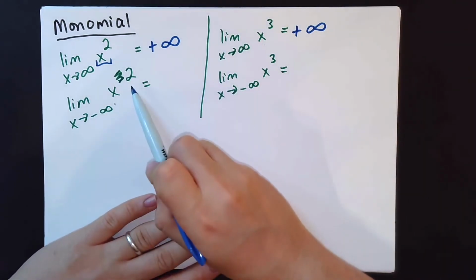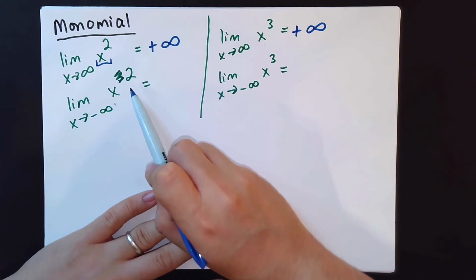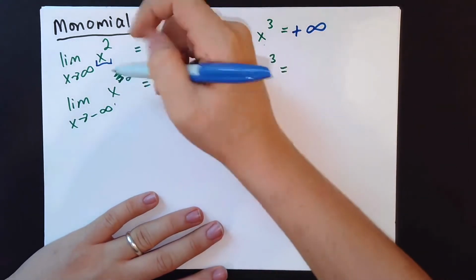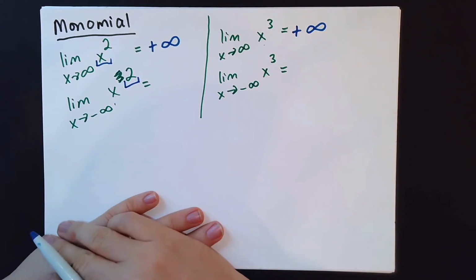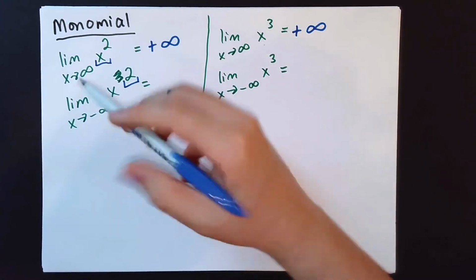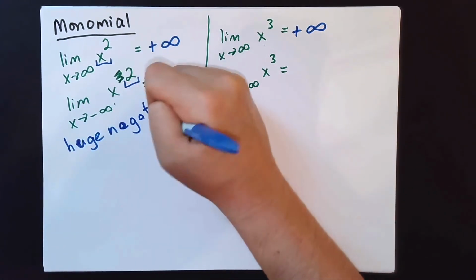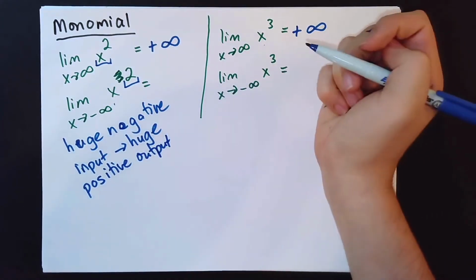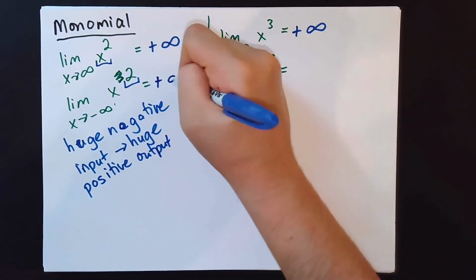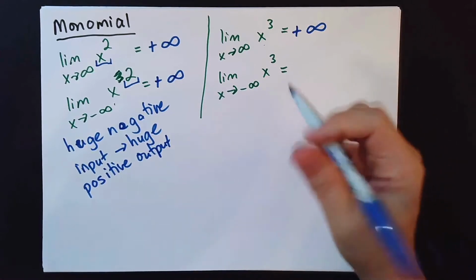And the answer is I'm going to get back a huge positive number. Why? Because when I square a negative number, I then have two negatives, and those cancel, leaving me with a positive. And so for this function, huge negative input gives me a huge positive output, which is to say that this limit is also plus infinity.